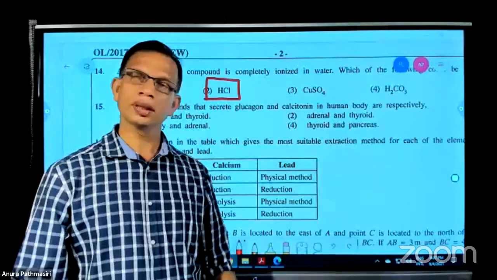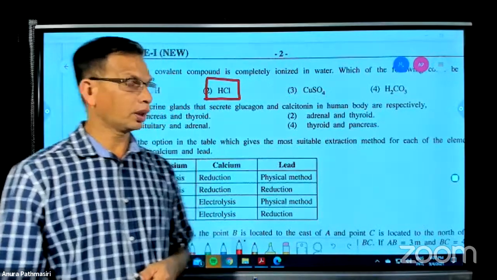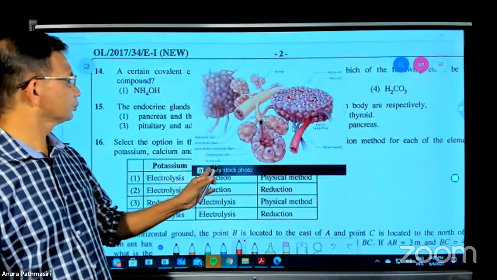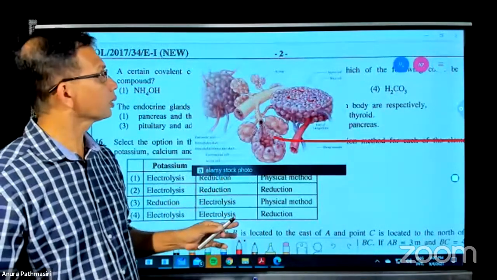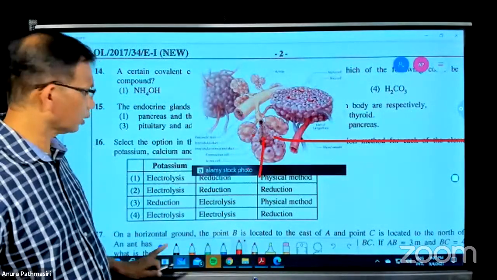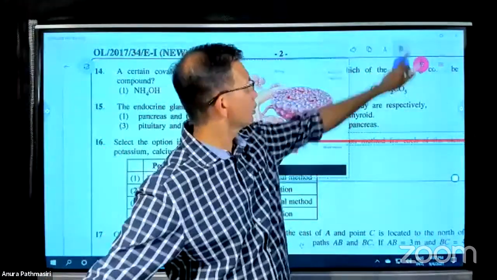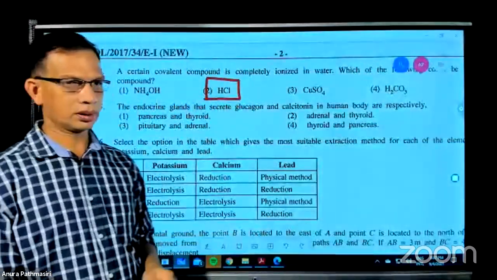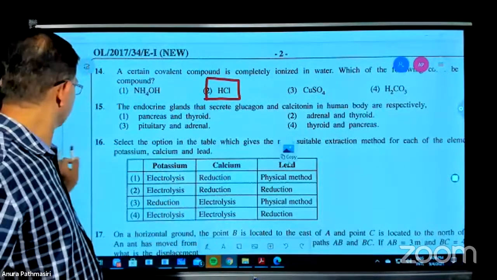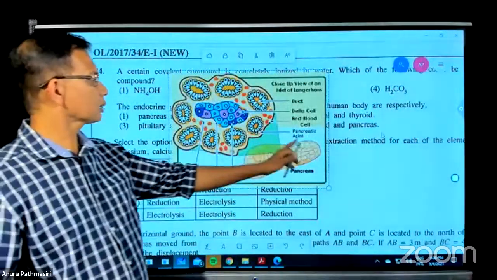There are two things secreted. One is, there you can see, if I put over here, I can't see it very clearly. I will get a good one. This one here, erase it. Isles of Langerhans, the pancreas. This is the pancreas.